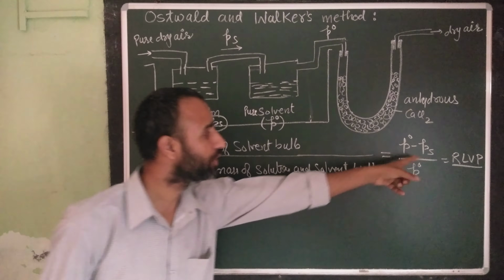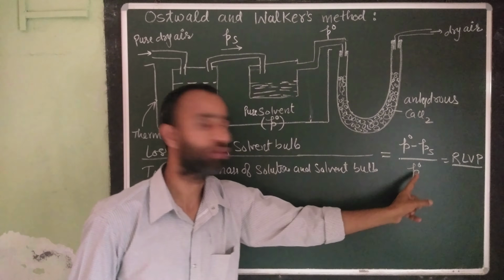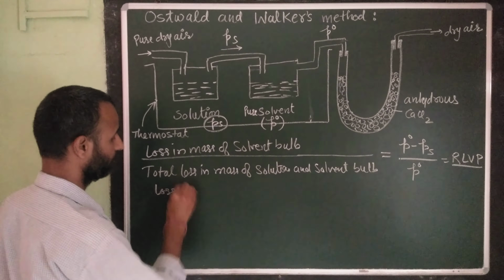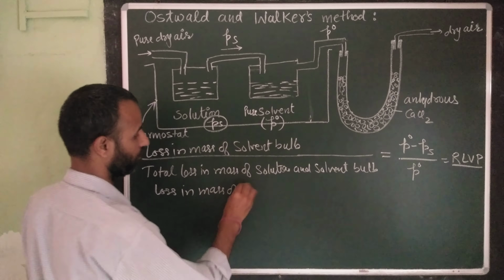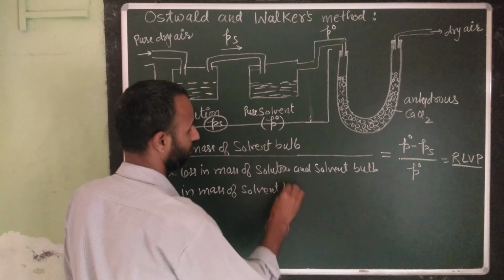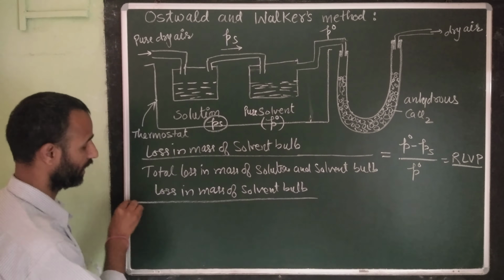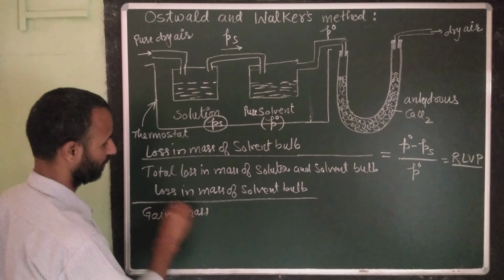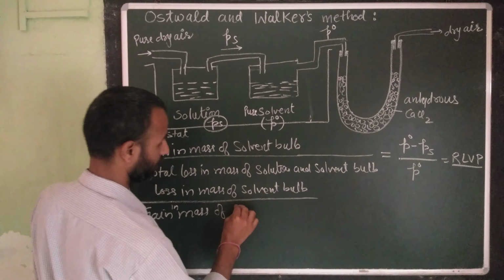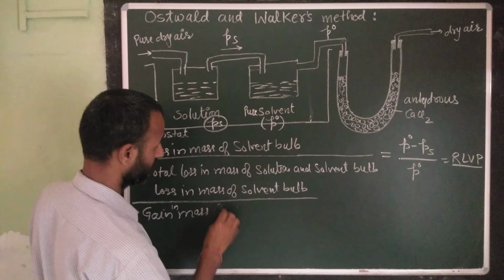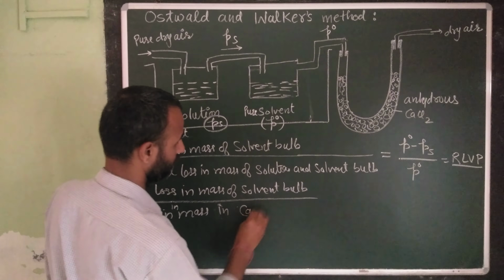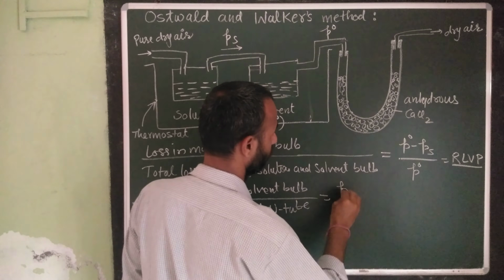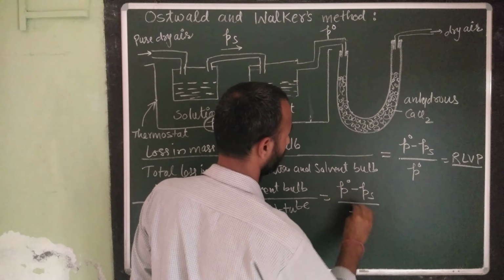So in this way we can calculate P naught minus PS over P naught, or it can also be calculated as loss in mass of solvent bulb divided by gain in mass in CaCl2 U tube, and that is also P naught minus PS over P naught.